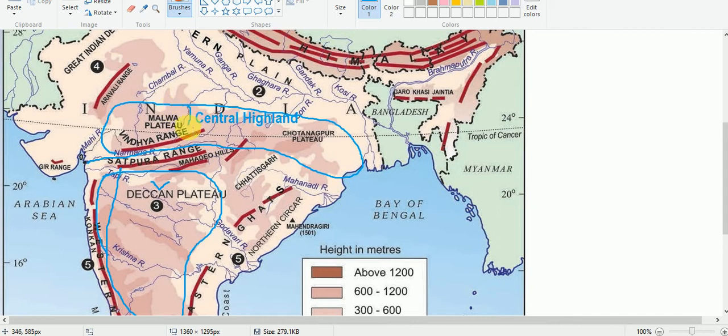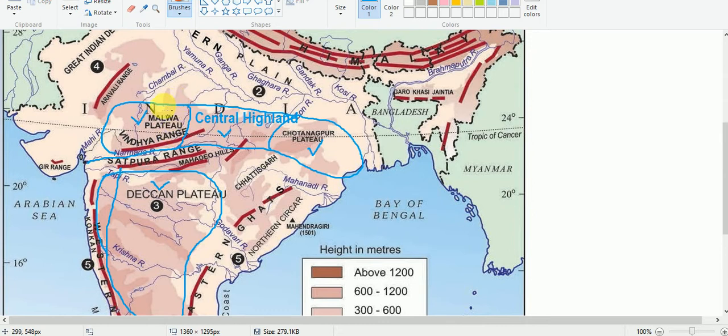The section to the west is known as the Malwa Plateau, and the section east of the Central Highland is known as the Sonapur Plateau, and the middle one is known as the Bundelkhand or Baghelkhand.